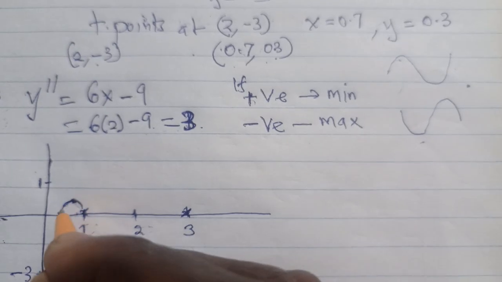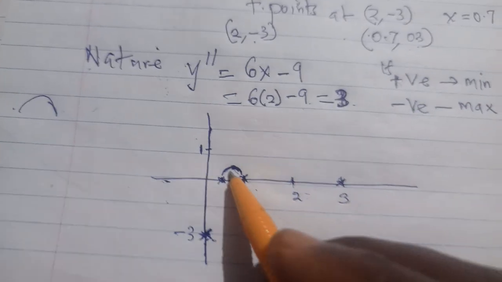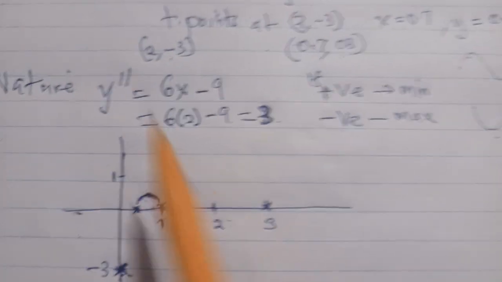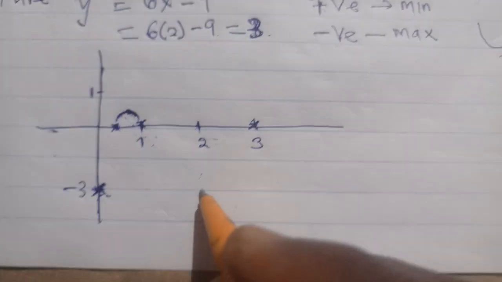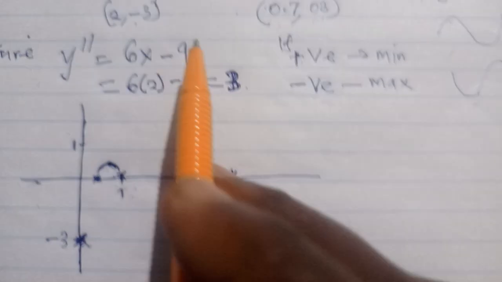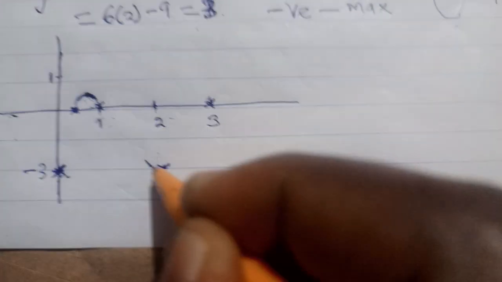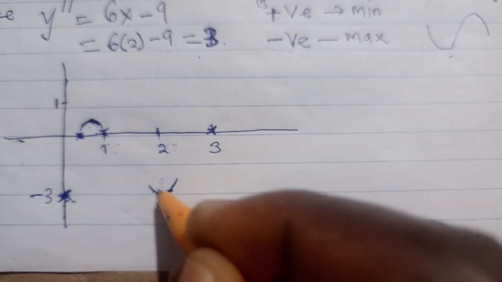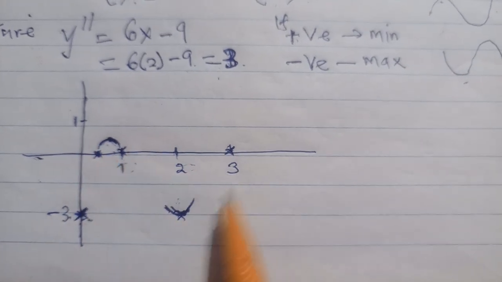A minimum shows curving upwards. A maximum is something that is curving downwards this way. So you indicate there. Then the other turning point is (2, -3). Remember we had indicated -3 here, so (2, -3) would be somewhere here. And we confirm that it is a minimum because it's a positive value, so it will turn this way. So we have the y-intercept, the x-intercept, and the turning points.